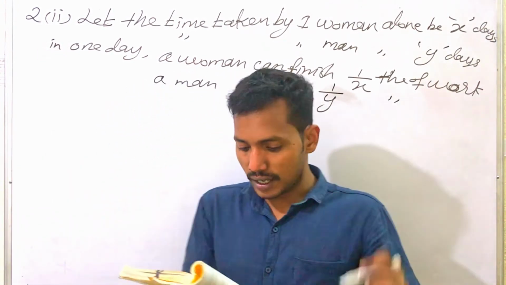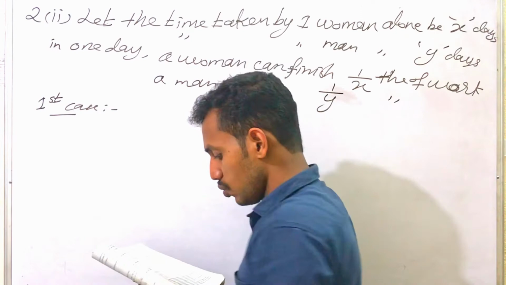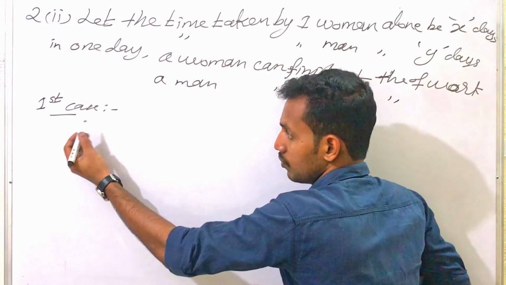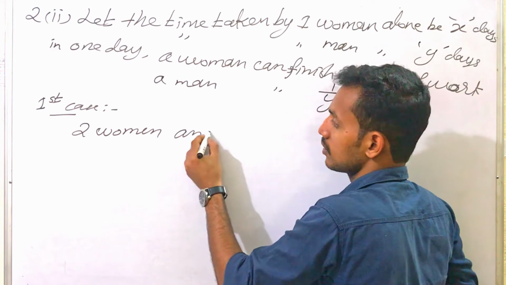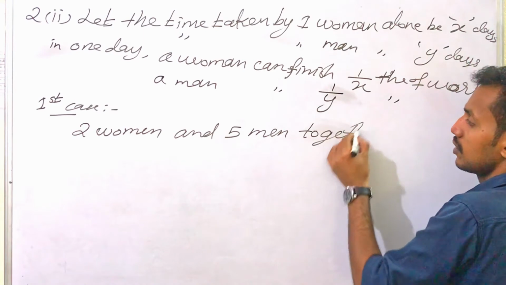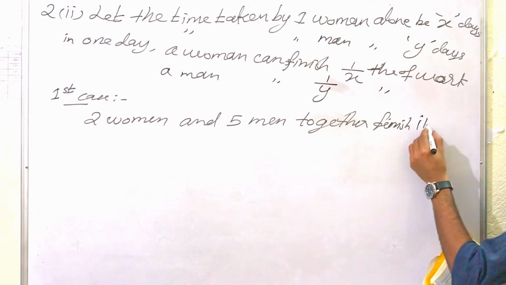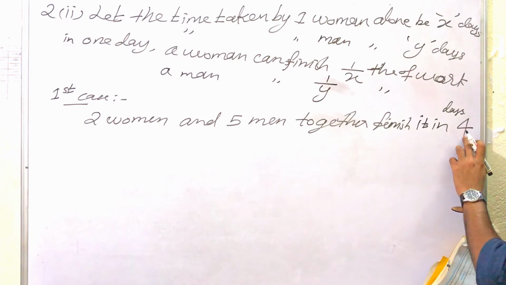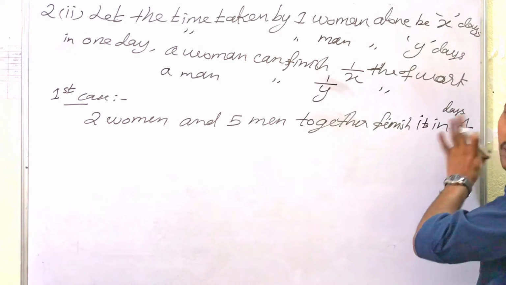Now, what is the first case? 2 women and 5 men together finish an embroidery work in 4 days.